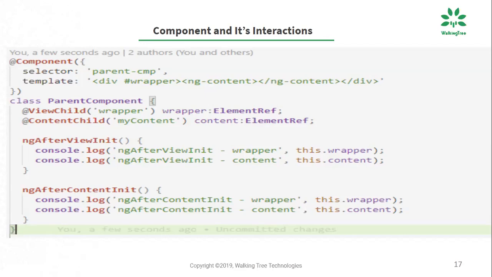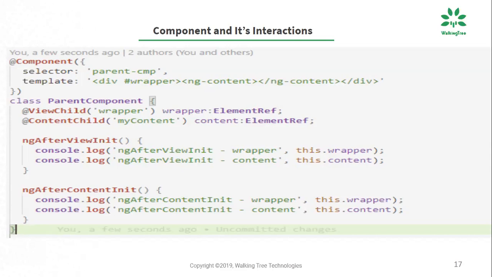With that annotation, we give the wrapper as the reference in the template, and through that reference we access the view child. After accessing that, we get all the methods and properties of that component, and according to that we can do some validations or some logic there, or get some data related to the child.